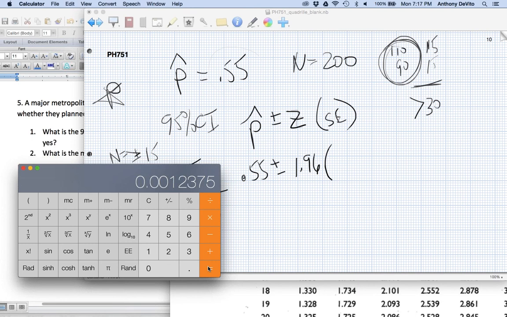And now I'm going to take the square root of that. Ironically, since it's a fraction, the square root is actually going to be a bigger number. It's equal to 0.035. It's equal to 3.5%.